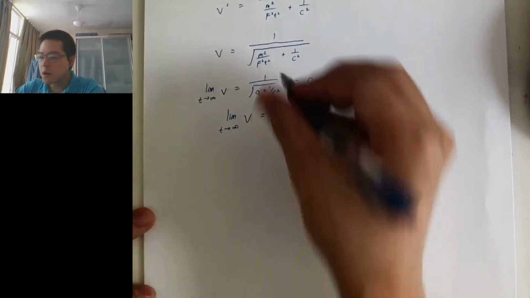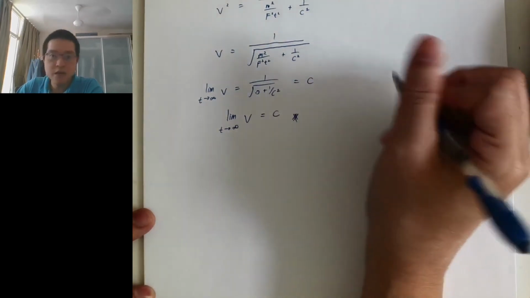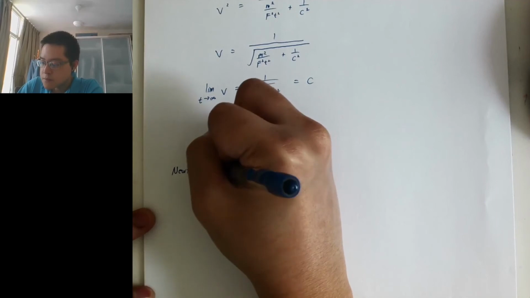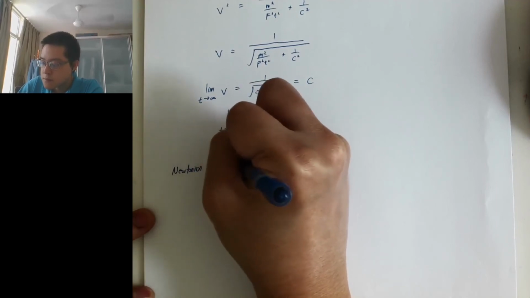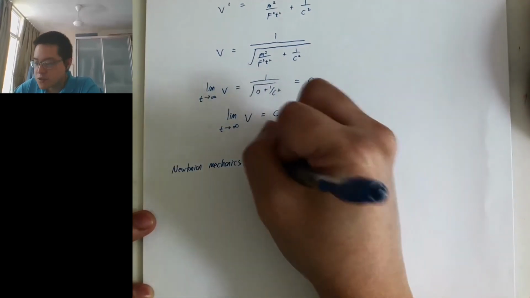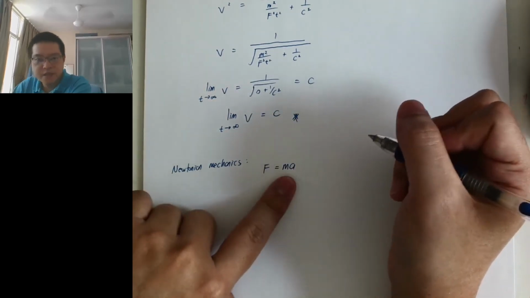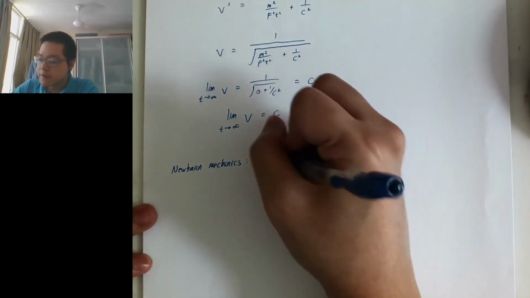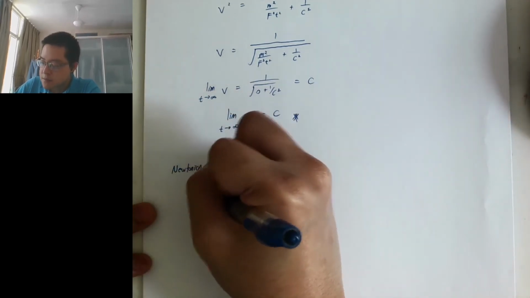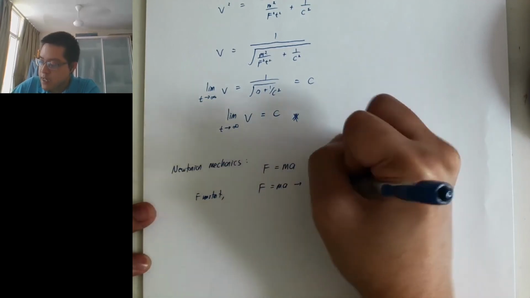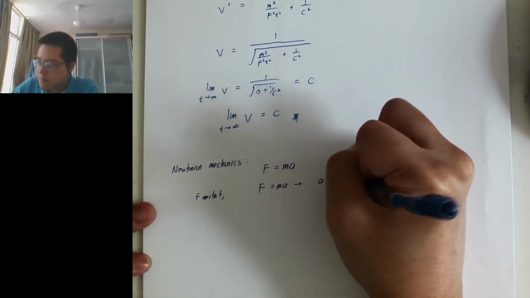We are supposed to compare this to the Newtonian calculation. So let's check the Newtonian calculation. Remember Newtonian mechanics, everyone should know how to do it by now, right? So F is equal to ma. There is no speed of light factor here. And if F is constant, then F equals ma will just give me a equals F over m.